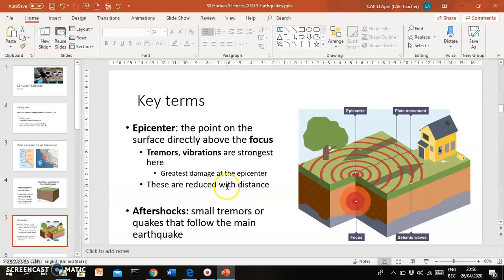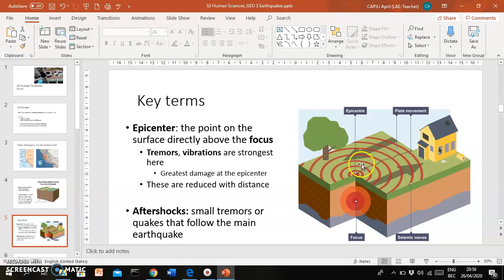So we already know what the fault is, and we already know what the focus is. This is another illustration to help us understand what happens when there's an earthquake. This is from the BBC website. That is the focus. That's where the energy is released. On the surface itself, right above the focus, this point is called the epicenter.